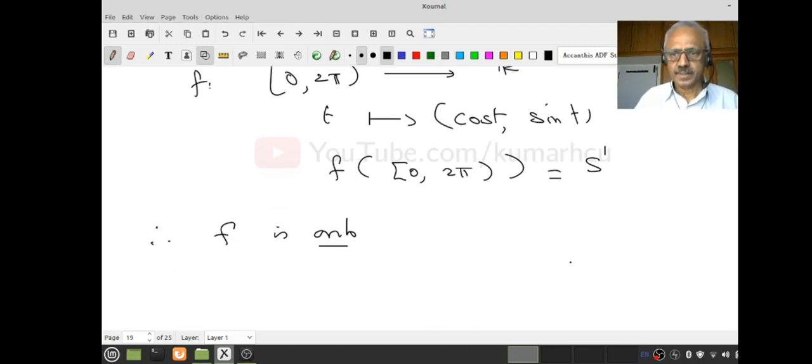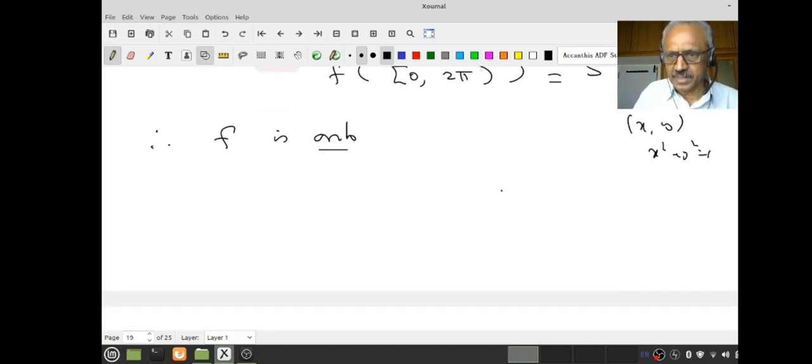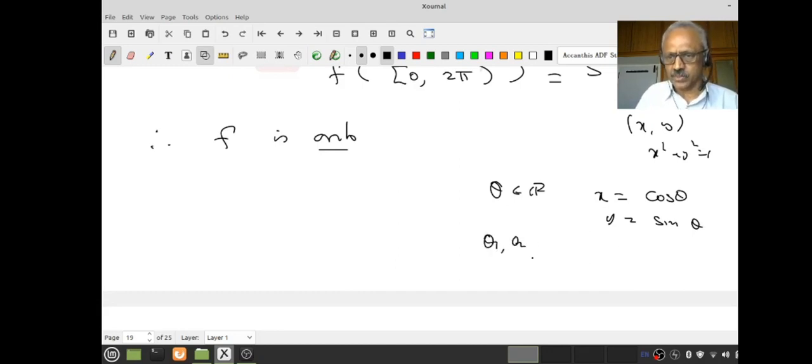Given any vector (x, y) such that x squared plus y squared equals 1, there is a theta in R such that x equals cos theta and y equals sin theta, and if theta 1 and theta 2 both give the same x and y, then theta 1 minus theta 2 is a multiple of 2 pi.